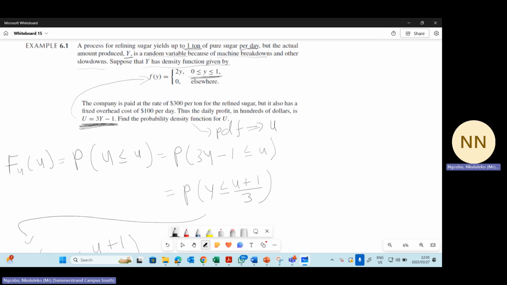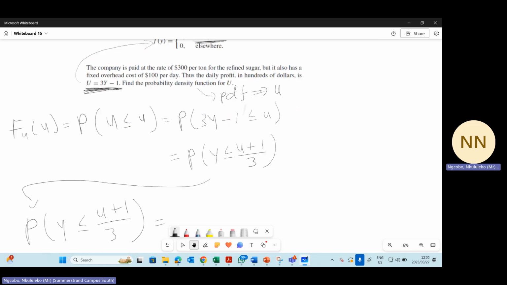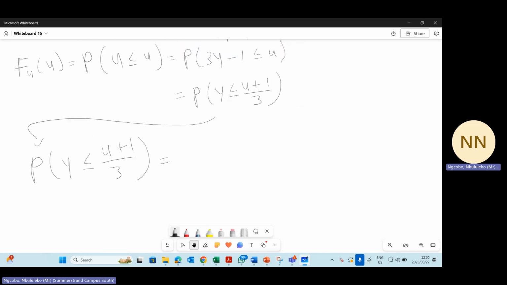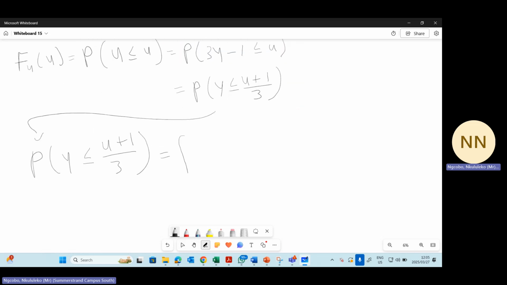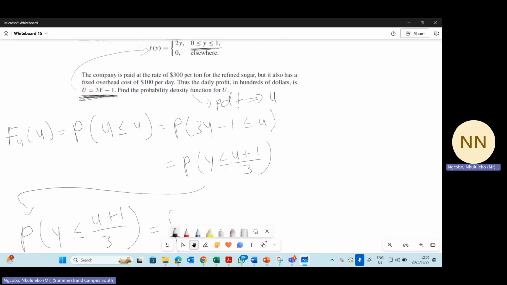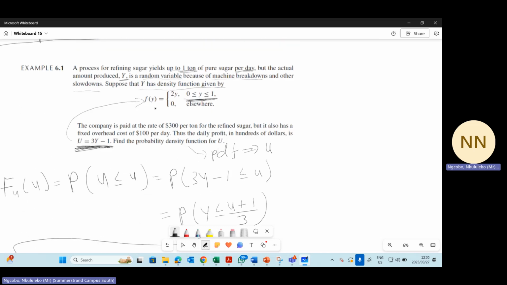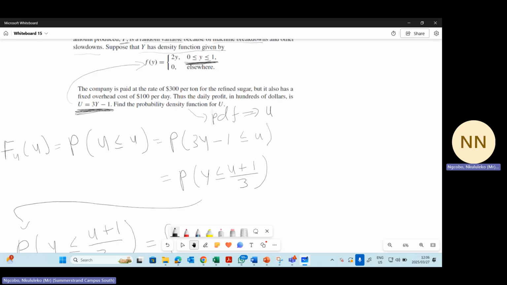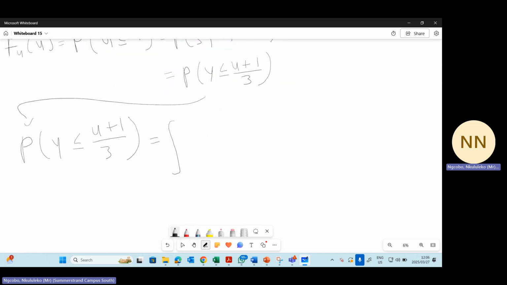We could just see that from here. Now, if you want to find this, it should be an integration, since you could see that this is a continuous variable from the interval itself. So it's not the summation, but the integration. Now, the integration from where to where, right?